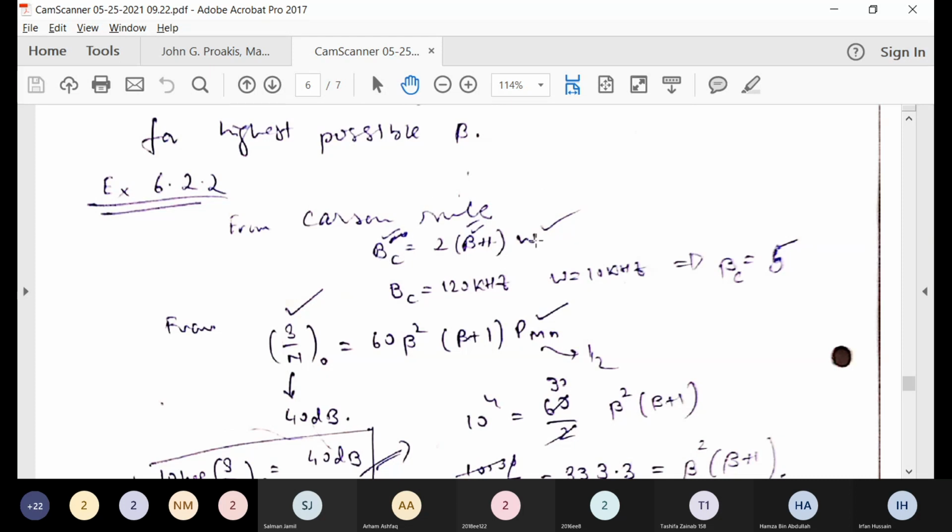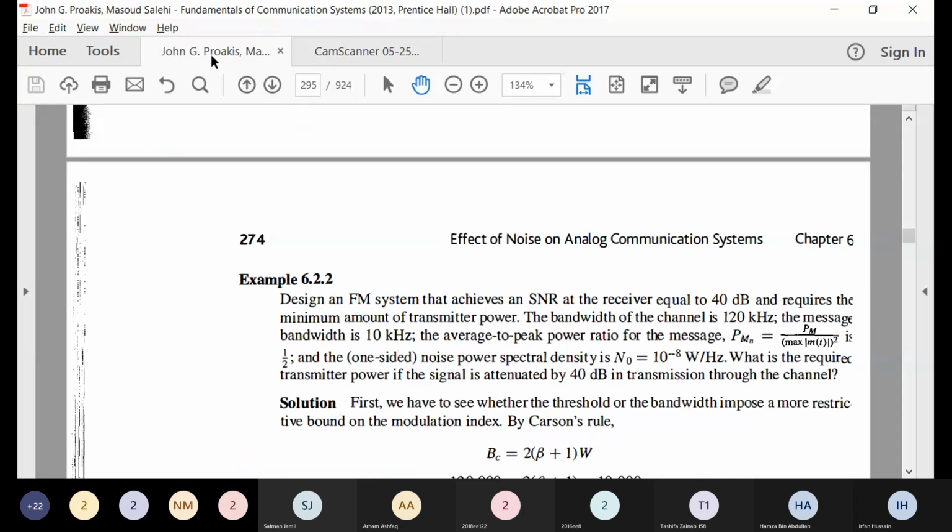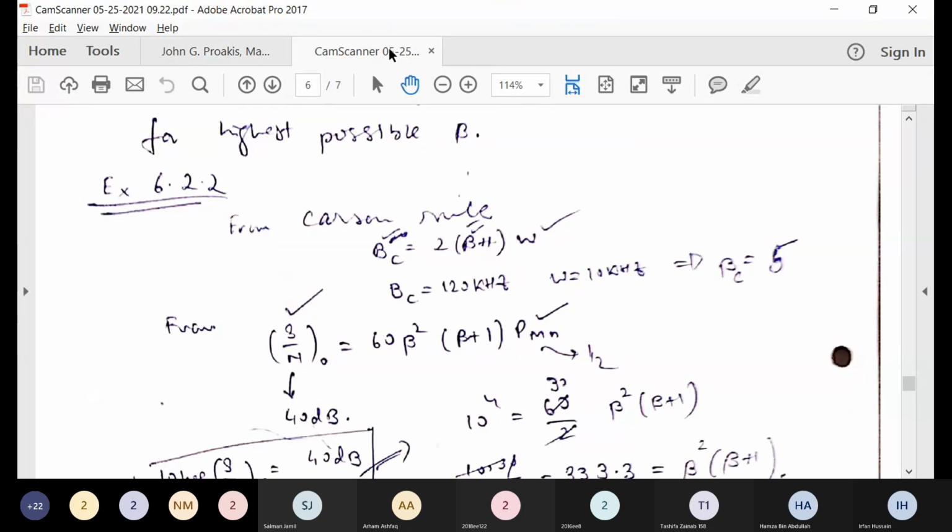We actually want to maximize beta as much as possible, because the more you are able to maximize your beta, the more you will be able to send the signal with the minimum amount of signal to noise power. That is what he has said, that we want the minimum amount of transmit power. For that we need to maximize our beta, but at the same time we cannot increase our beta indefinitely.